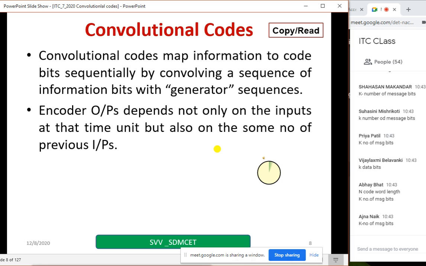If you want, you have 1 minute to copy down. How this works, we are going to discuss later.